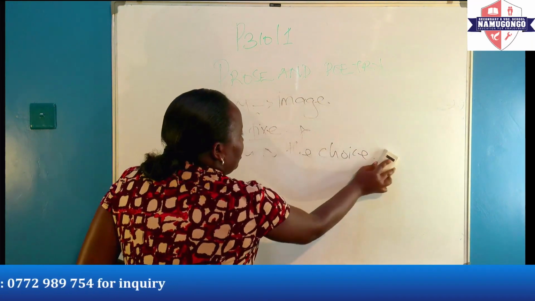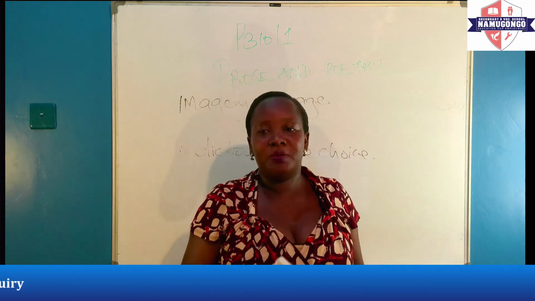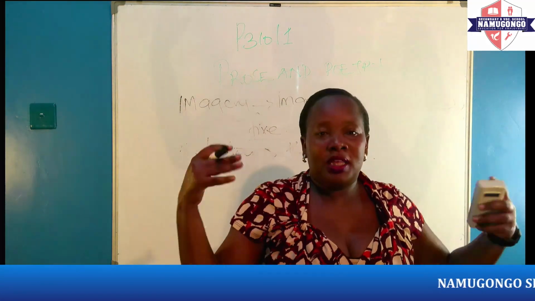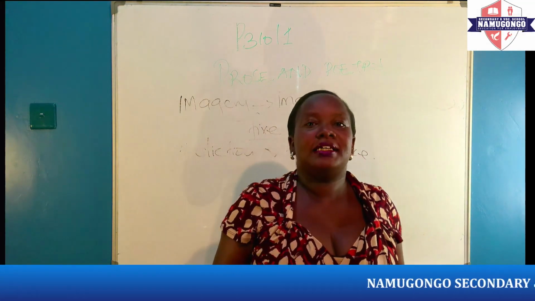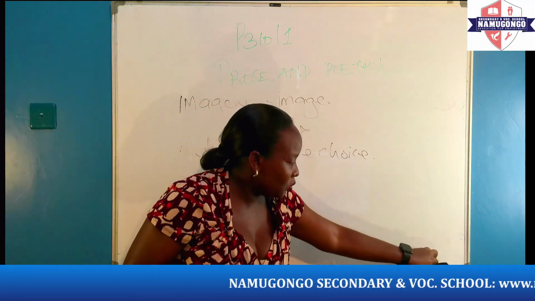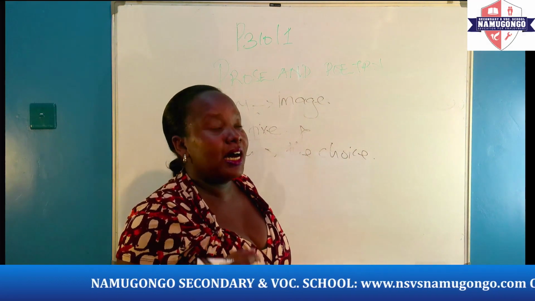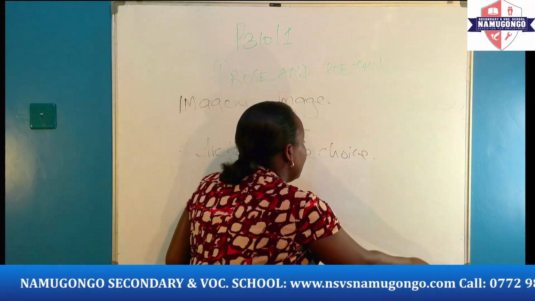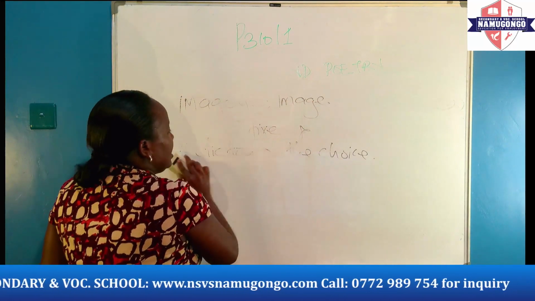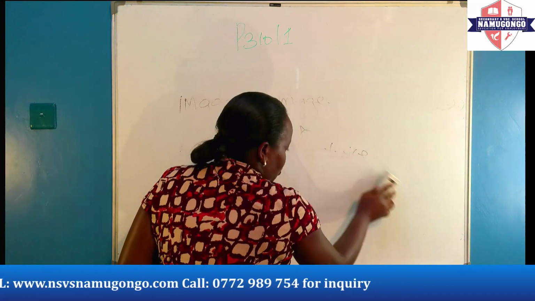I kept on referring to the 5 senses that we all know, that we all studied in primary school. But when it comes to paper 1 literature, these 5 senses are given particular names. So they are categorized according to the senses that they appeal to.